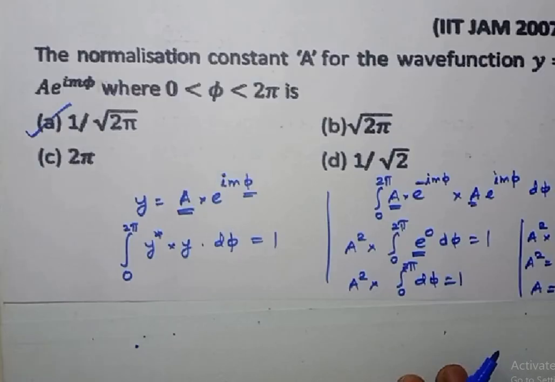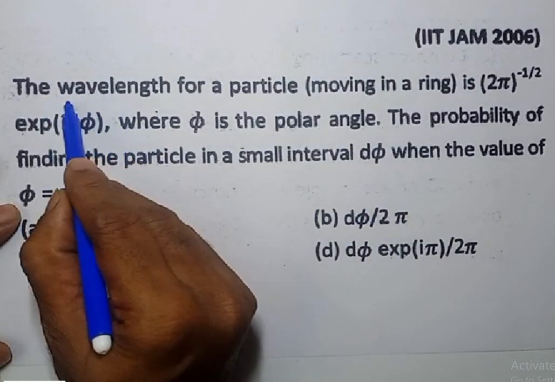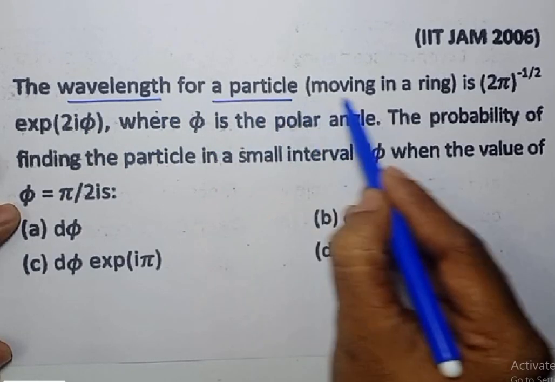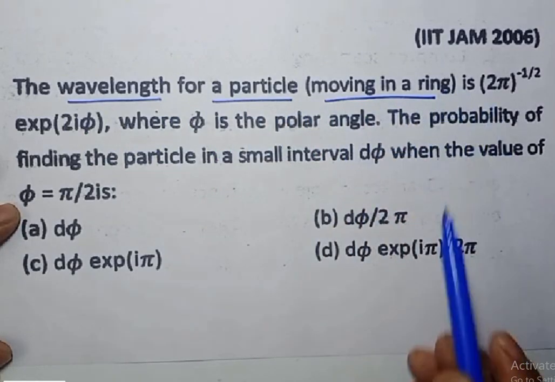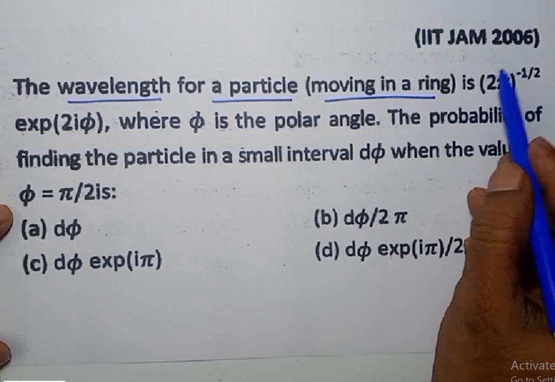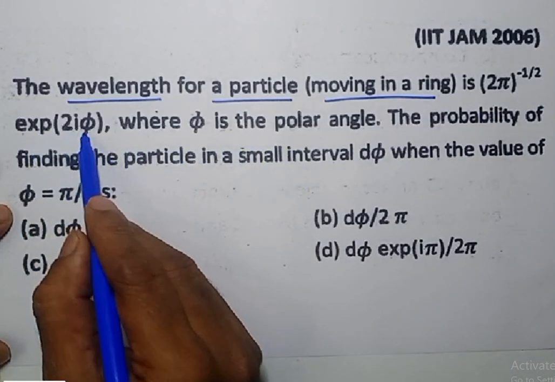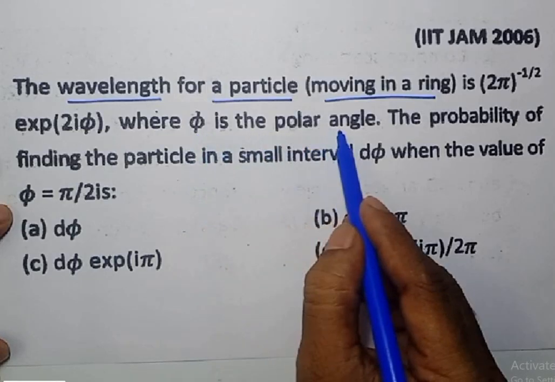Okay, take this. This question appeared in IIT-JAM 2006. The wavelength for a particle moving in a ring is 2 pi power minus half, 1 by root of 2 pi, e power 2i phi, where phi is the polar angle.